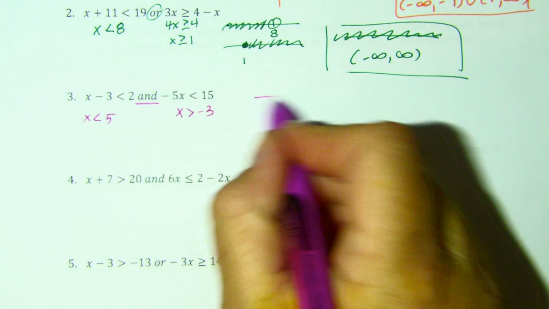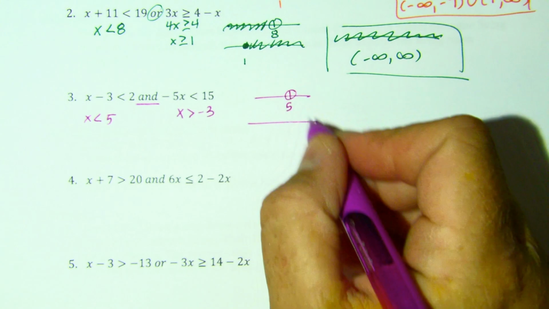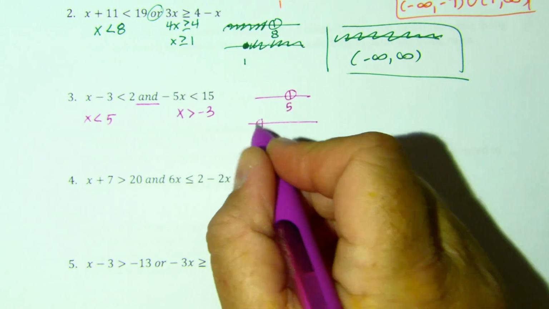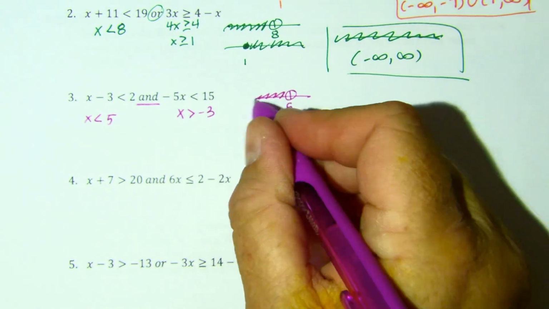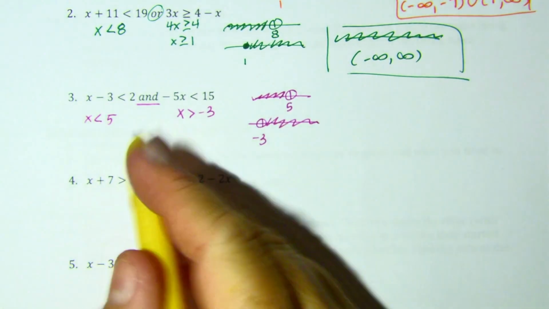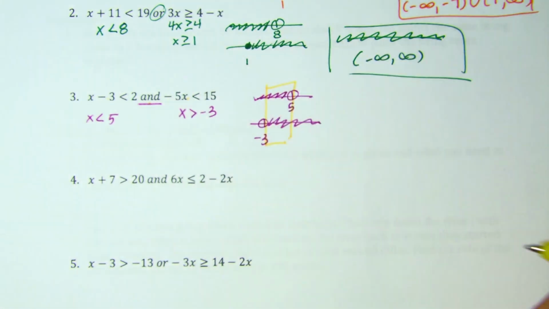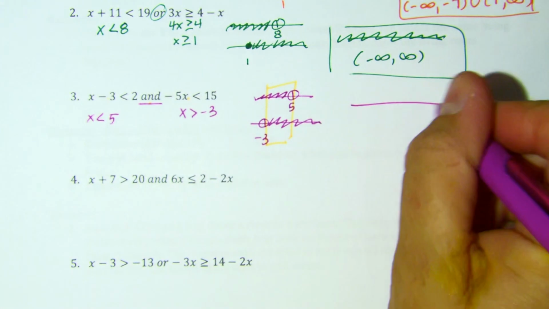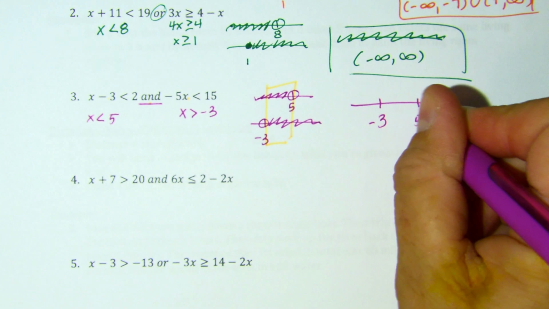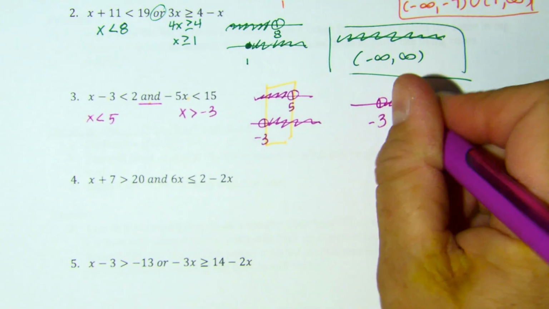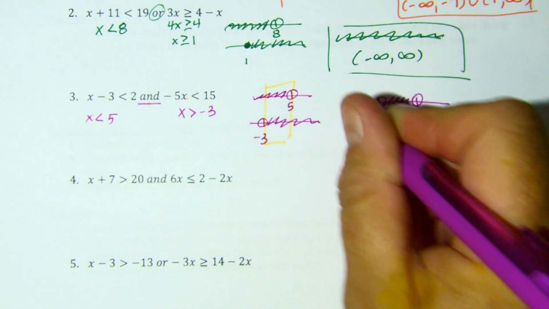So we can go ahead and graph those two separately. 5, open dot, -3, also open dot, x greater than -3 and less than 5. We want where this and this are true. So that would be where it's overlapping. So my graphing answer is -3 to 5, open dots at both of those, shaded in between, and then my answer would be -3 to 5 in interval notation.